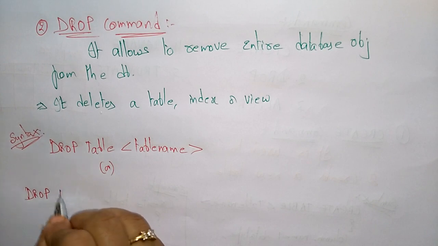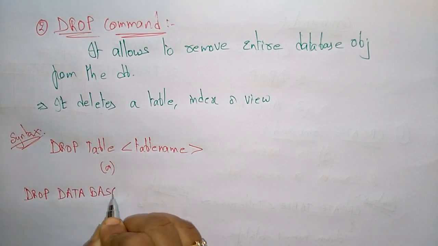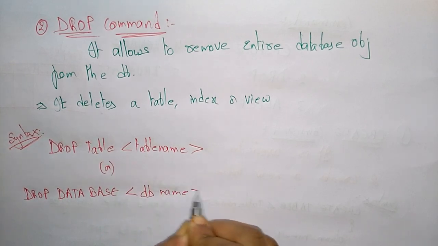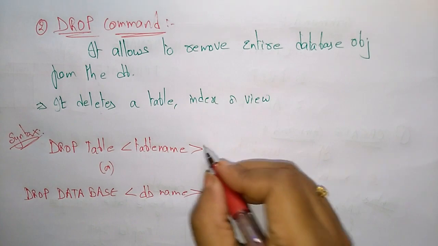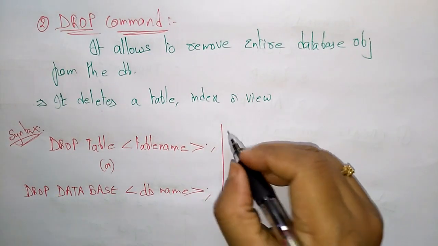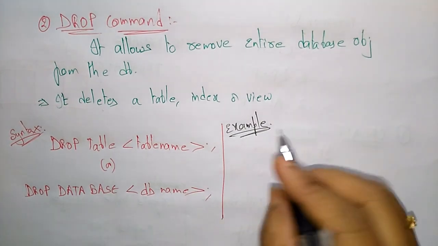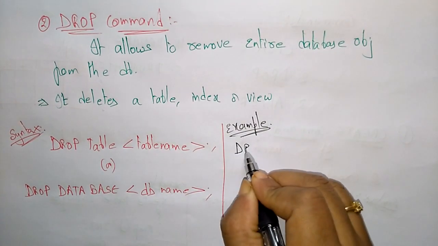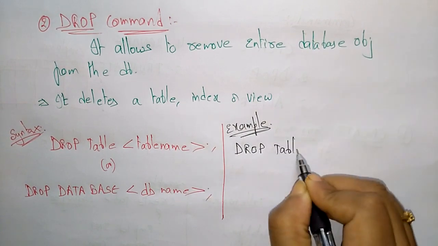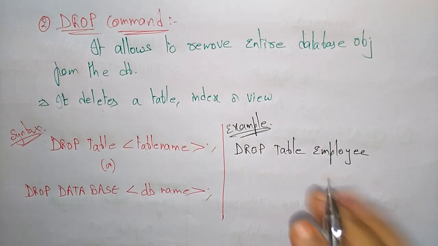Or you can drop the database also: drop database, and you write the database name. So this will be the syntax. And coming to the example, whatever employee table I created previously: drop table employee. Before dropping, you have to create the table.